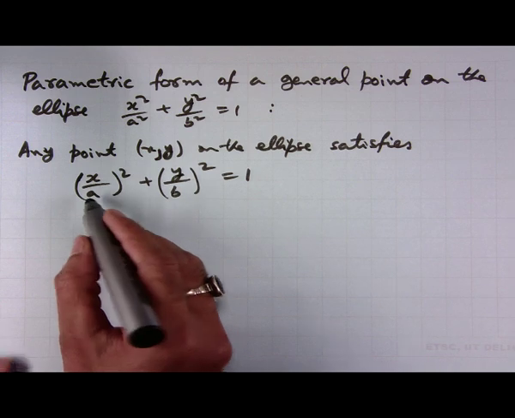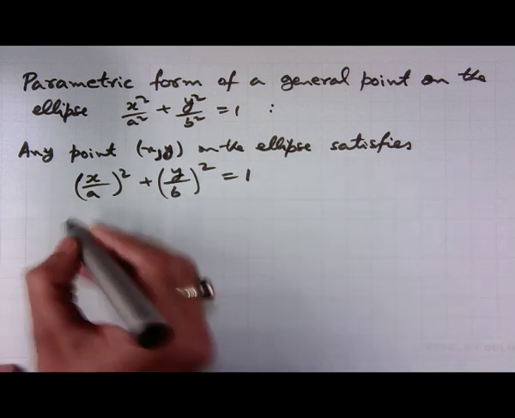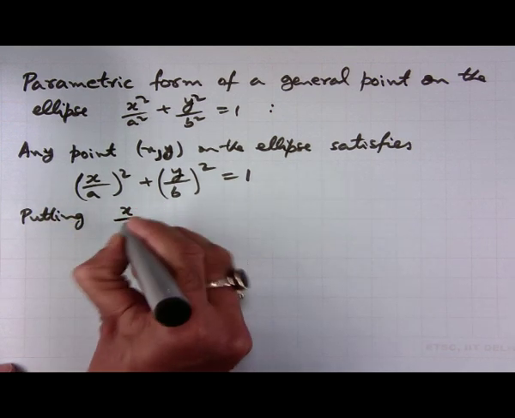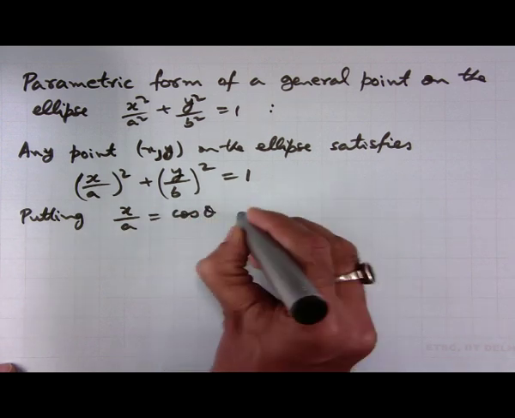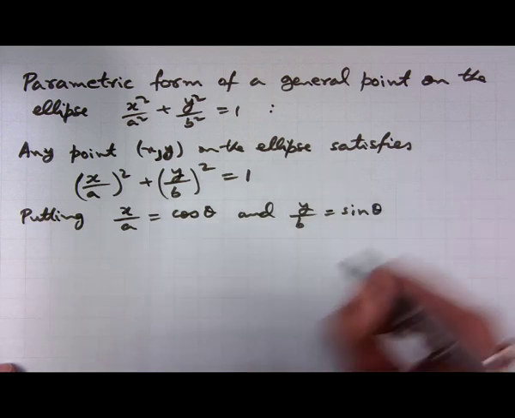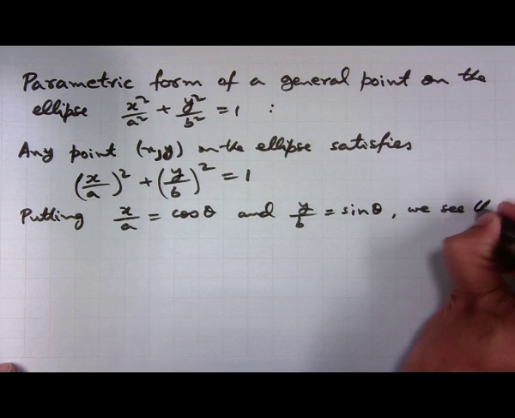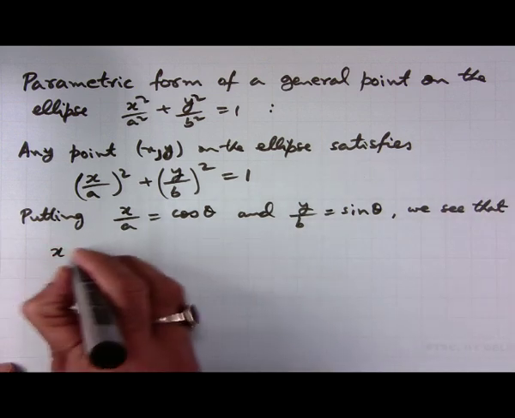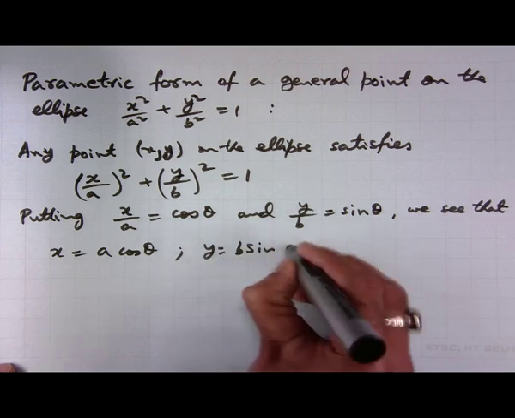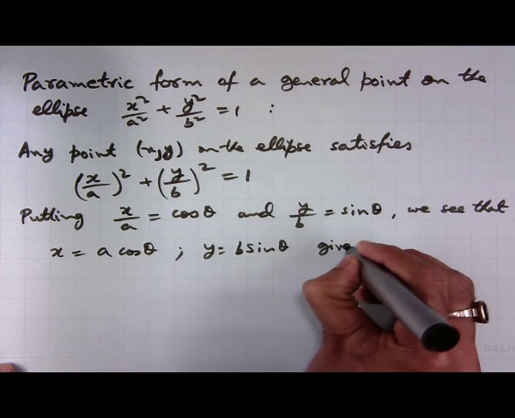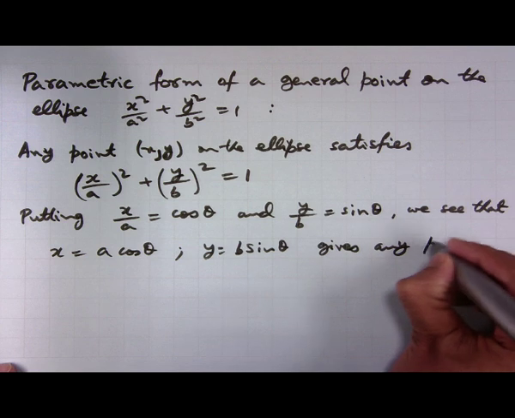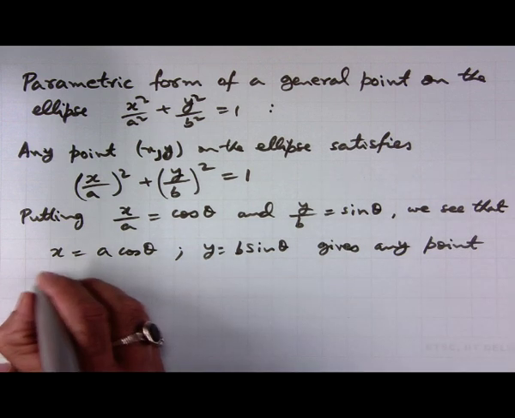We know that cos square theta plus sin square theta is equal to 1. So, putting x by a equal to cos theta and y by b equal to sin theta, we see that x equal to a cos theta, y equal to b sin theta gives any point on the ellipse.